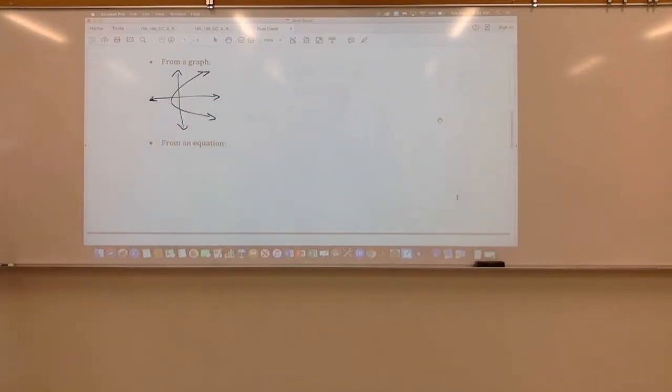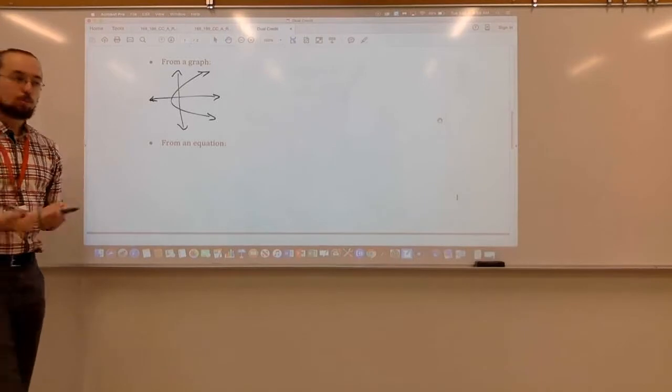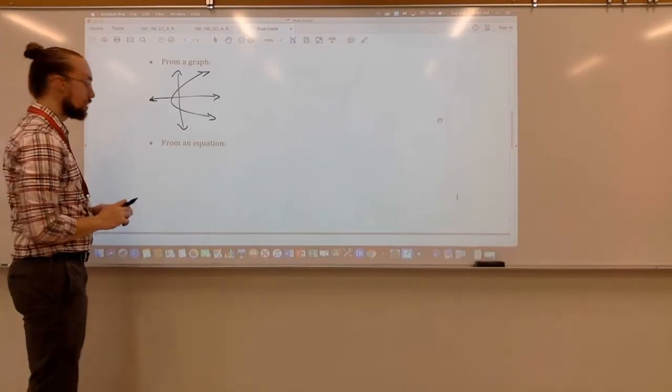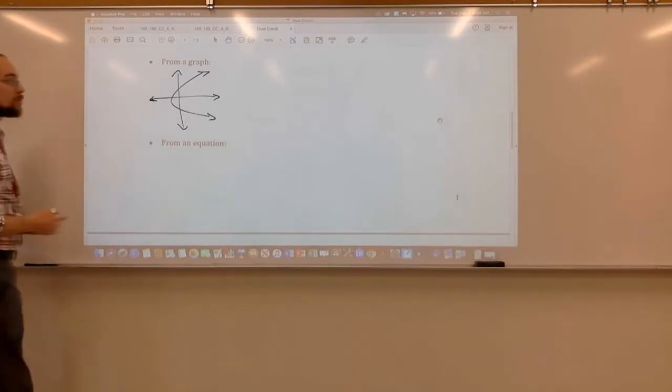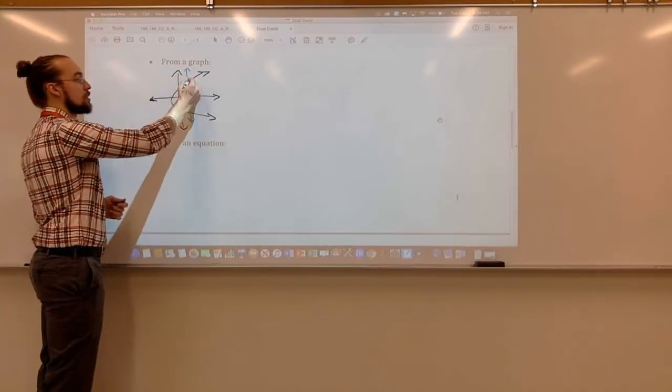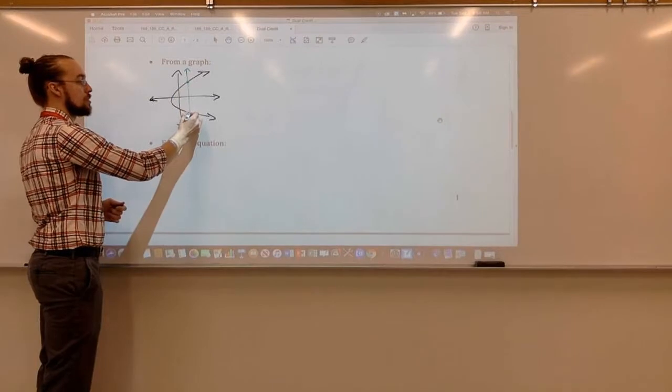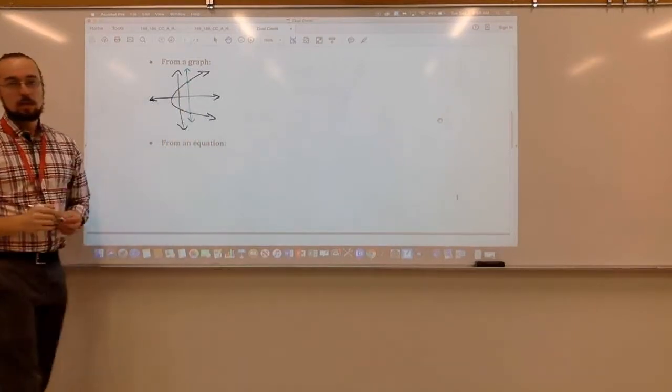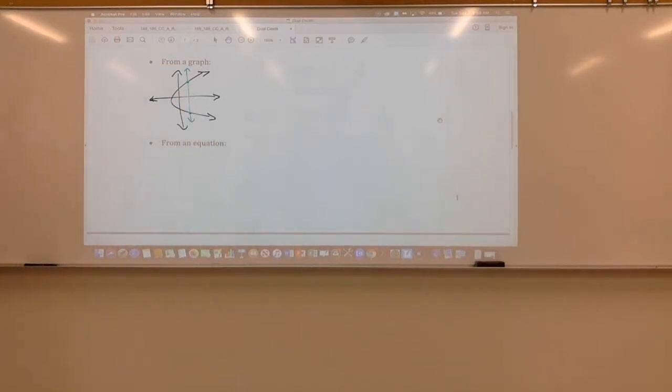I want to see if at every point, if I draw a vertical line, that line only hits one value. So if I draw a vertical line in a lot of different places here, that's going to hit once, twice. If the vertical line ever hits more than once on the graph, it is not a function.